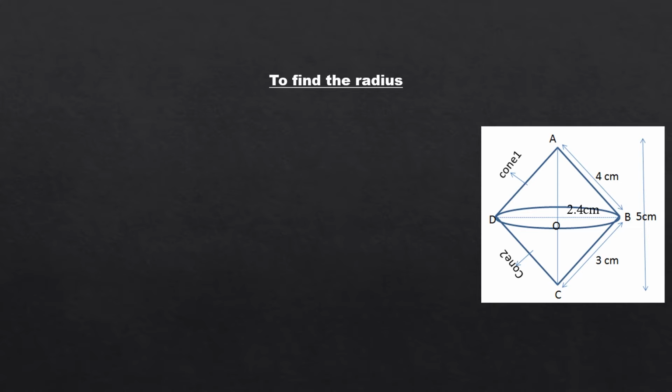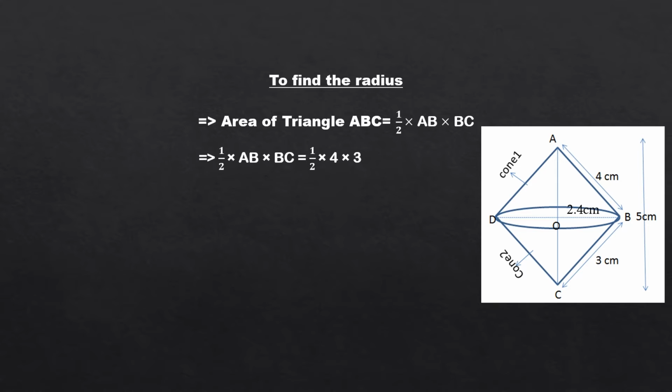Now, to find the radius, we need to find the area of the triangle ABC, which we are going to find by using the formula half into AB into BC. Now we know what AB and BC are, so we're going to put the values and conclude with half into 4 into 3.